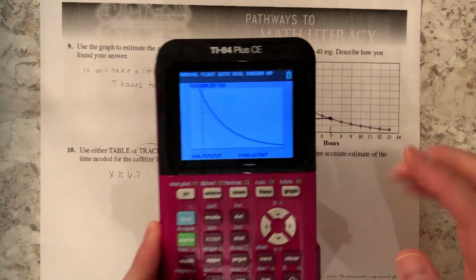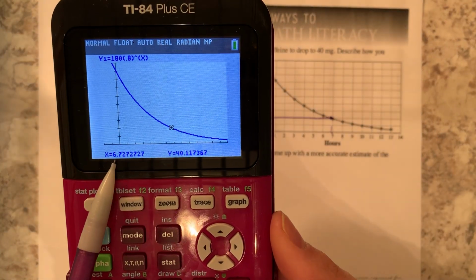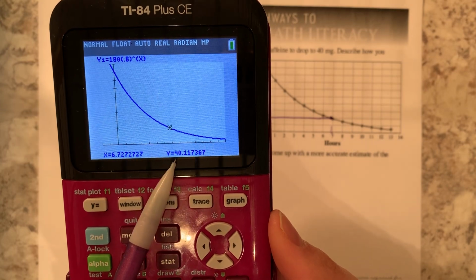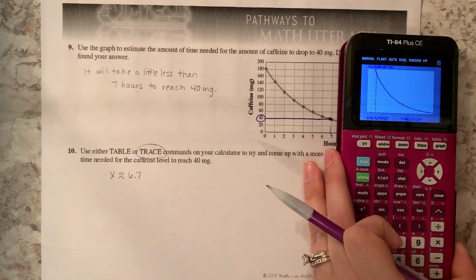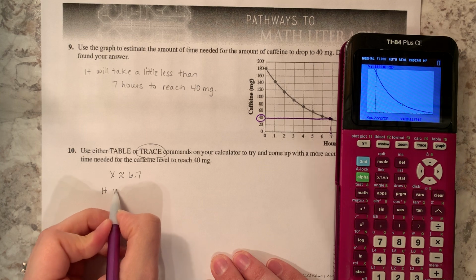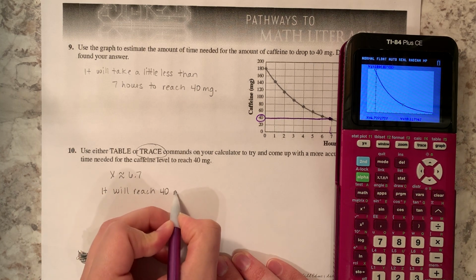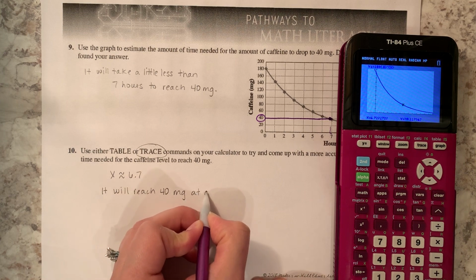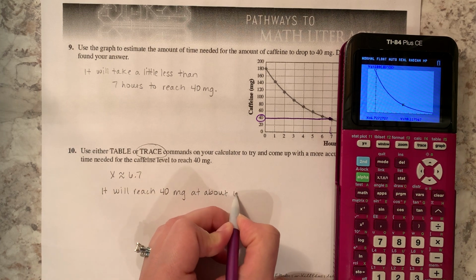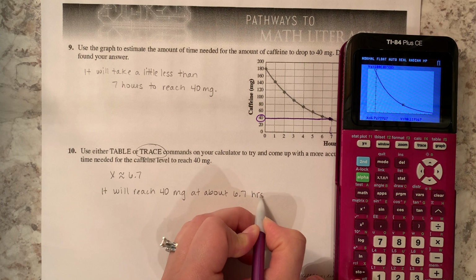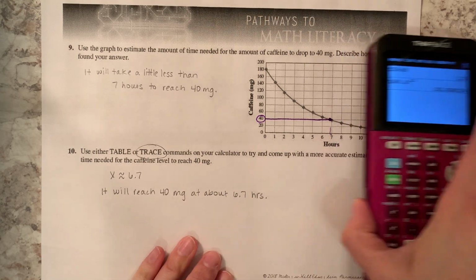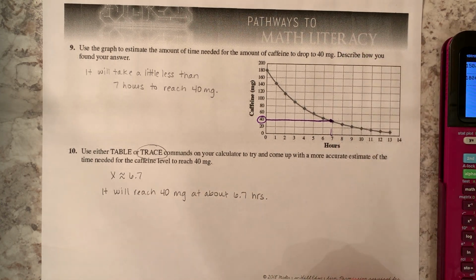So X is 6.7 when Y is equal to 40, okay? So I can say it will reach 40 milligrams at about 6.7 hours. Okay, and that's the last question.